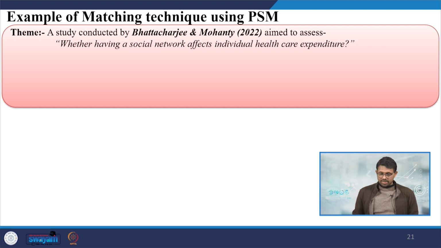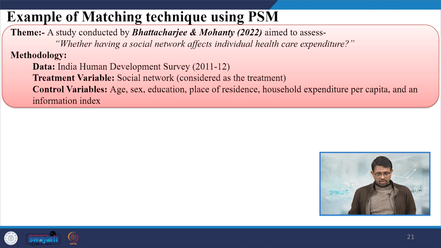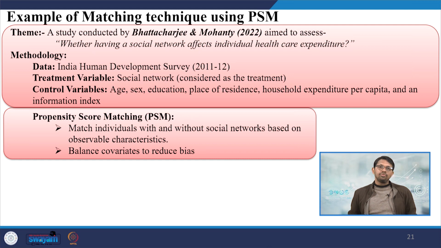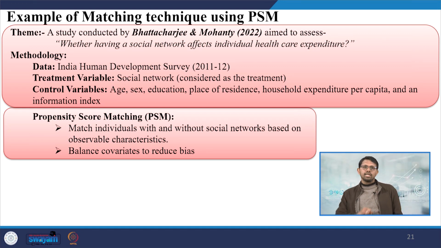It was published in 2022. We used the data of India's Human Development Survey, IHDS, of 2011-12. The treatment variable was social network, and the control variables we considered were age, sex, education, place of residence, household expenditure per capita and information index.